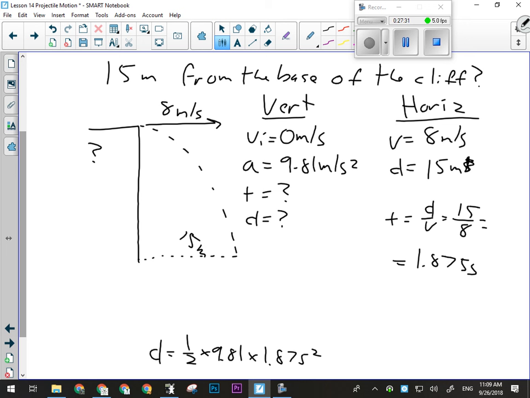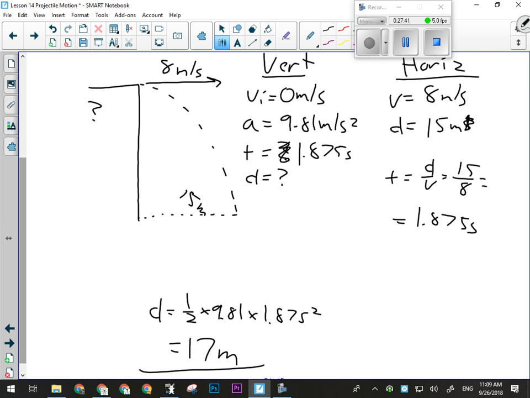I can bring that over here because they share the time, 1.875 seconds. Now can I find d? Yes, and I'm going to use the same formula that I used in the last question: d equals vi times t plus 1/2 at squared. Since vi is 0, it's just 1/2 at squared. So 1/2 times 9.81 times the time squared. The cliff has to be 17 meters tall.